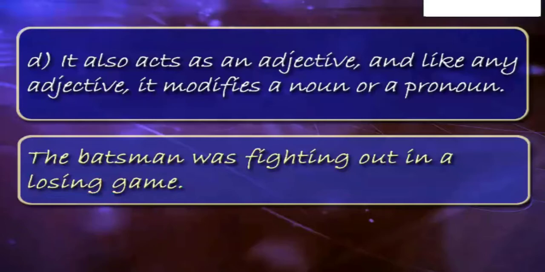Ask the question, what kind of game? And you get the answer, losing game. Hence, losing is working as an adjective in the sentence. Hence, it is clear that the present participle form of the verb is also used as an adjective in the sentence.